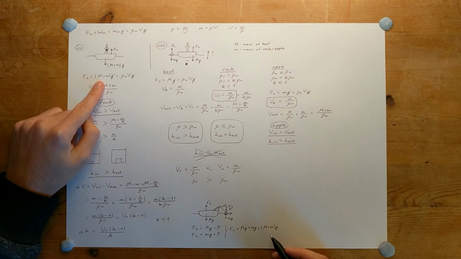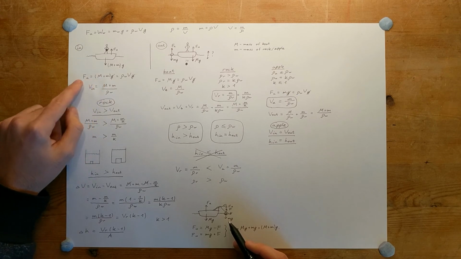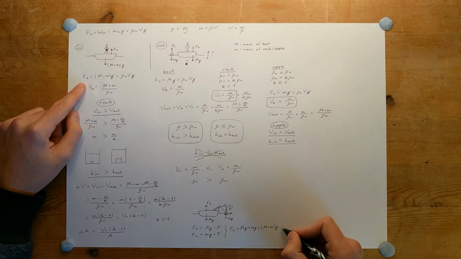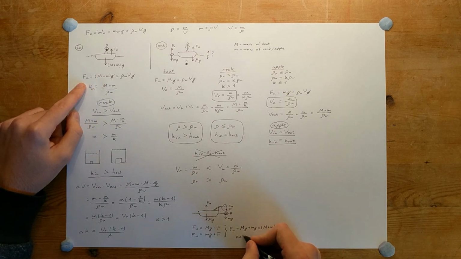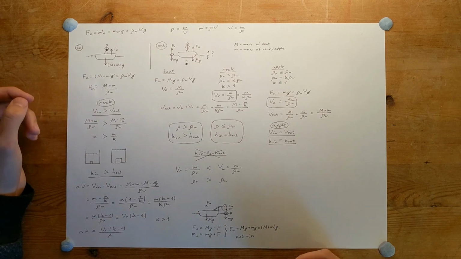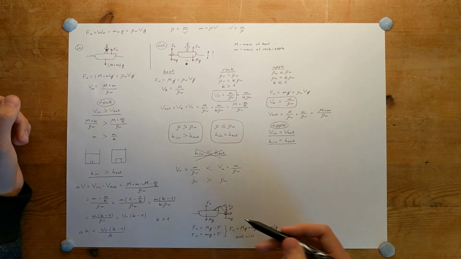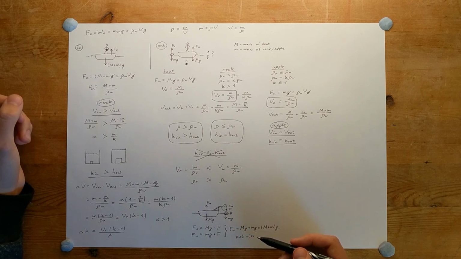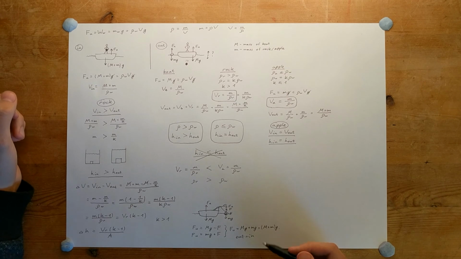So therefore, the total upthrust force when apple is outside is exactly the same as when it's inside. So what we get is out is equal to in, and this means that the volume of water displaced is the same again. So this guy didn't achieve anything by pushing the ball even harder.